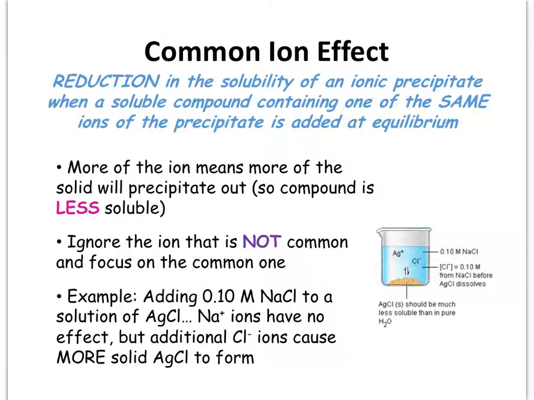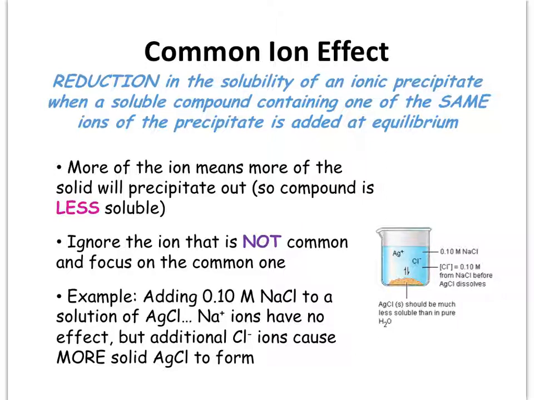The next type of problem we see here are problems involving a common ion, or the common ion effect. The basic gist of this is that there is always a reduction or a lowering of the solubility of a precipitate whenever you add or mix in a compound that has a similar ion in it.